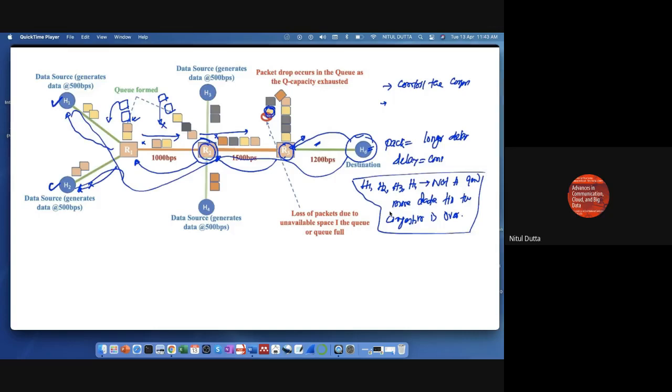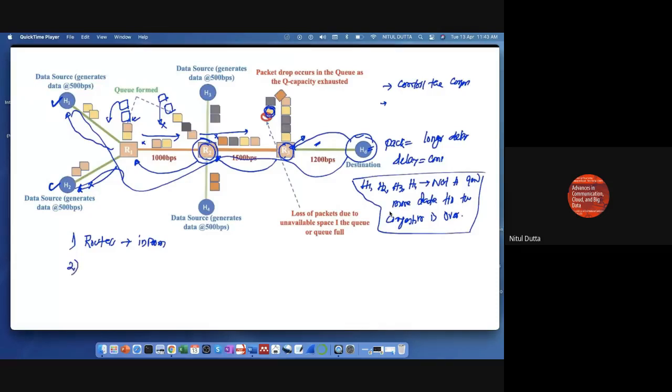In the first case, all routers inform the next immediate router to stop sending data, and in turn, the routers inform the source of data to stop the data transmission.